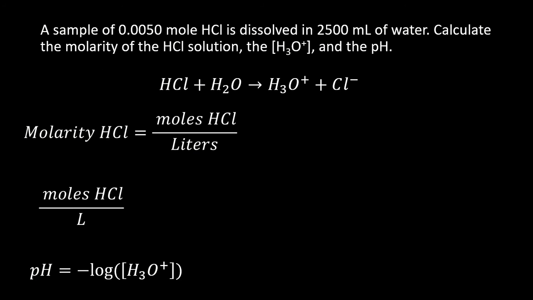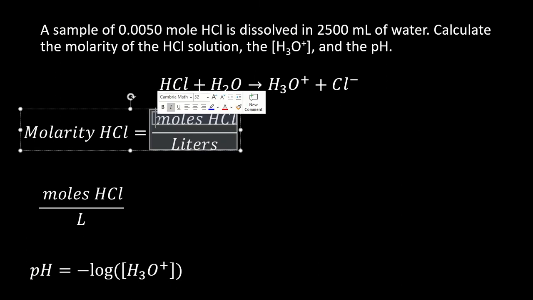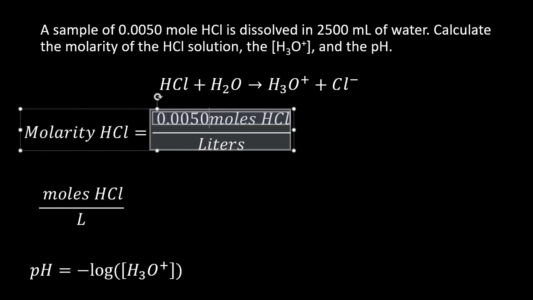Well, to calculate the molarity of HCl, all we need to know is what's the moles of HCl and what's the volume in liters that is dissolved in. We're already told that the moles is 0.0050. And as far as liters go, well, if we're working with 2,500 milliliters, just divide that number by 1,000, which would be 2.5 liters.